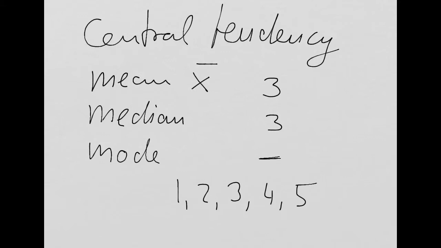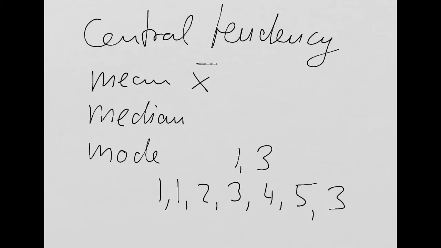Also, a set of data can have two modes. In this case, obviously these numbers would now be different. What would be the mode of that? 1 and 3, exactly.